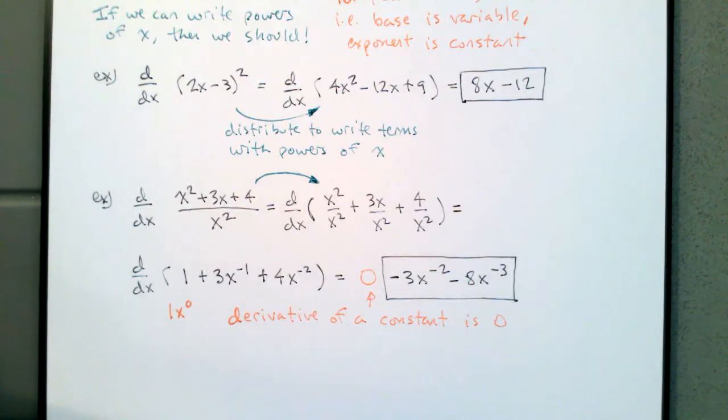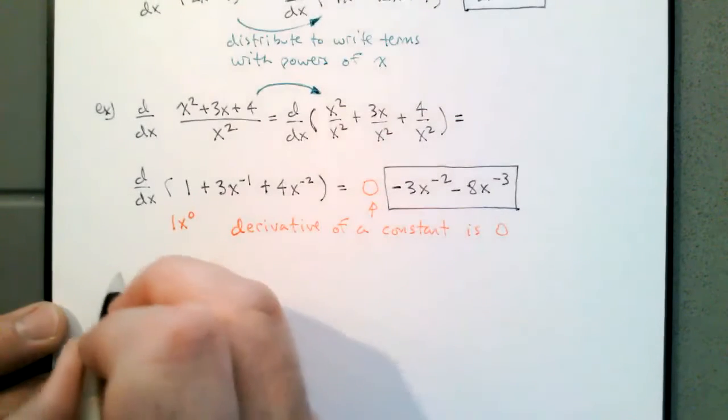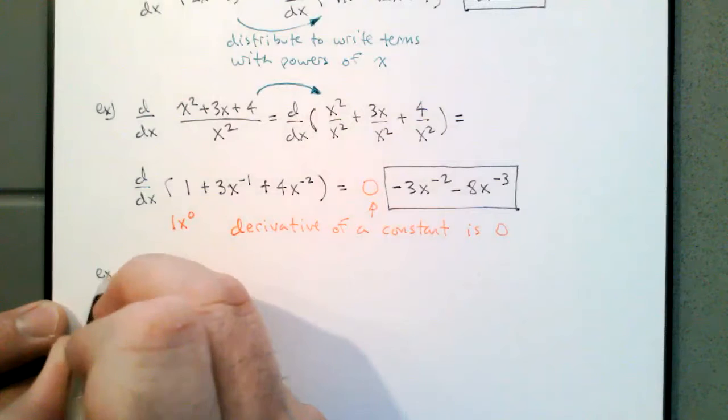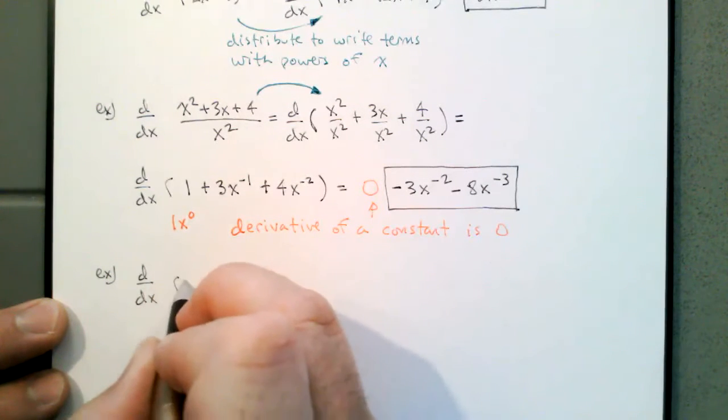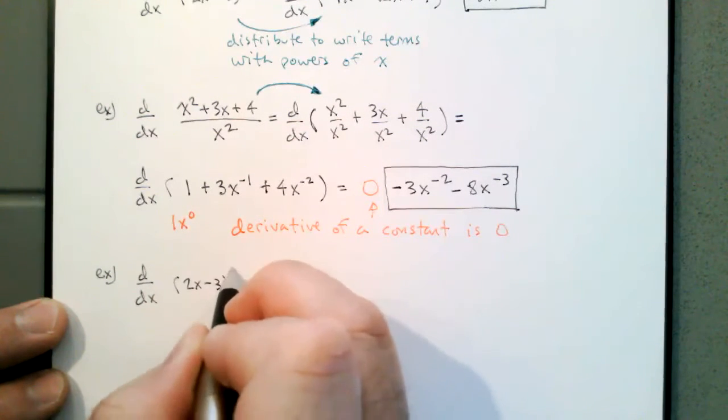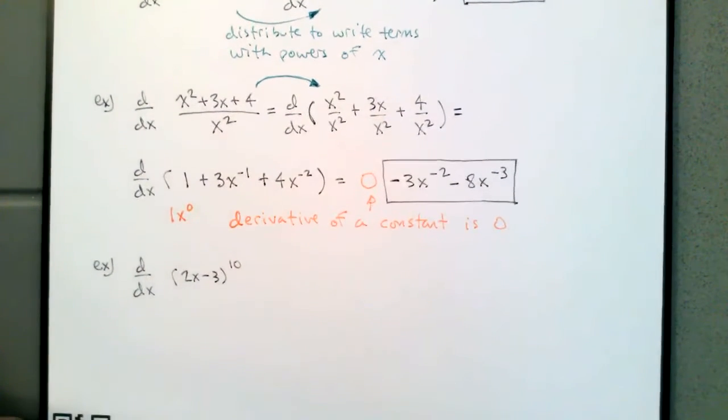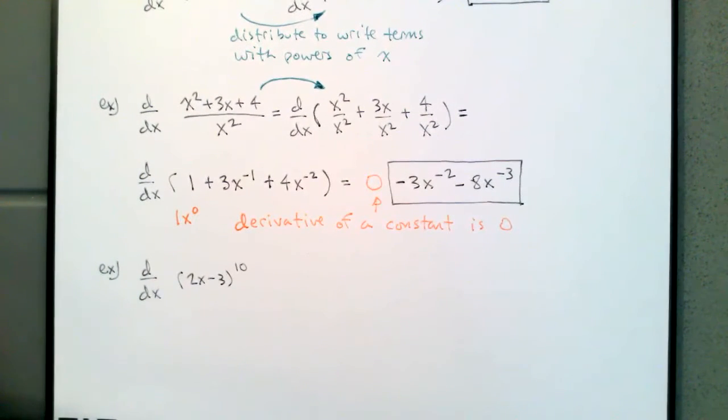Now, there are some cases where we can distribute, but we're not going to want to. It shouldn't be the only tool that we have in the toolbox. For example, if I wanted the derivative of 2x minus 3 to the 10th power, we are not going to want to multiply this out.